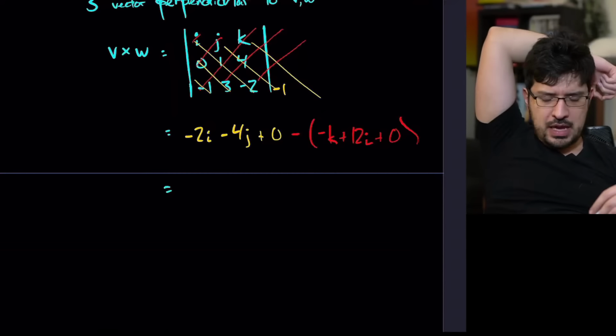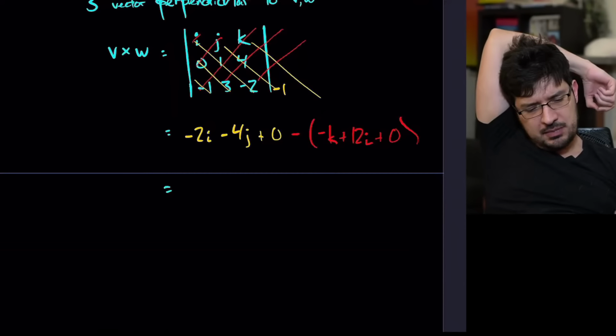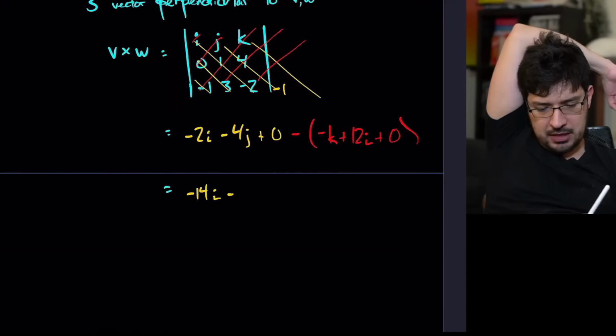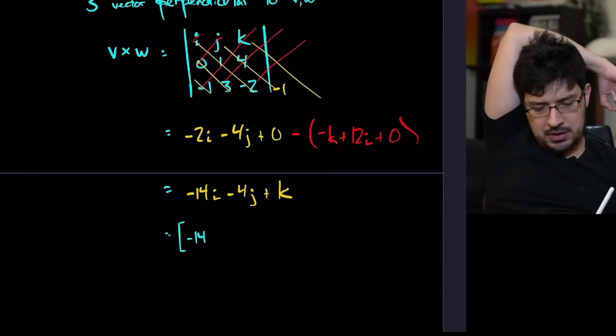So, yeah, I think I'm onto something here. So this is negative 12, negative 14i, minus 4j plus k, which is the vector negative 14, negative 4, 1.